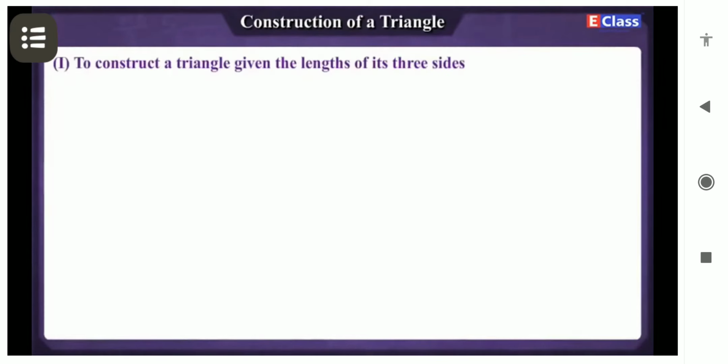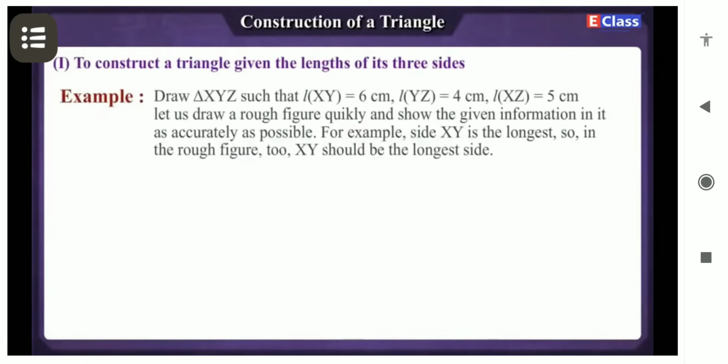1. To construct a triangle given the lengths of its 3 sides. Example. Draw triangle XYZ such that length of XY is equal to 6 centimeters, length of YZ is equal to 4 centimeters, length of XZ is equal to 5 centimeters.